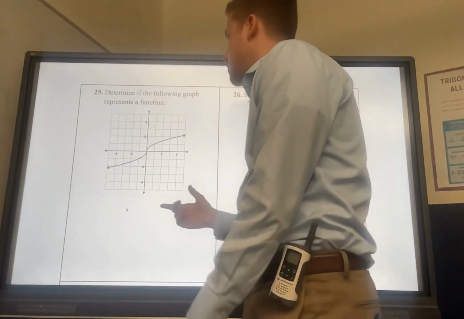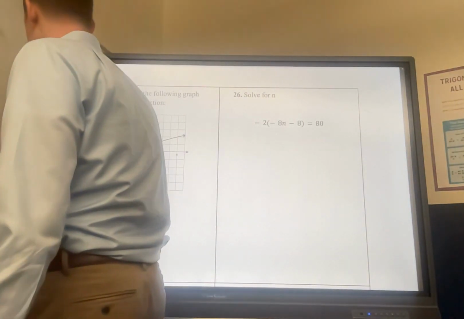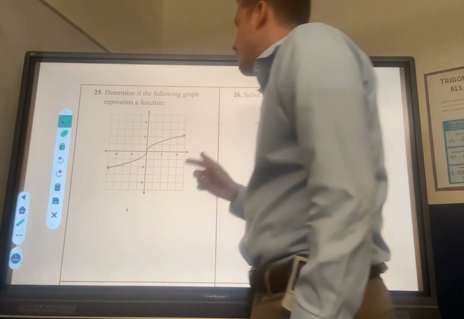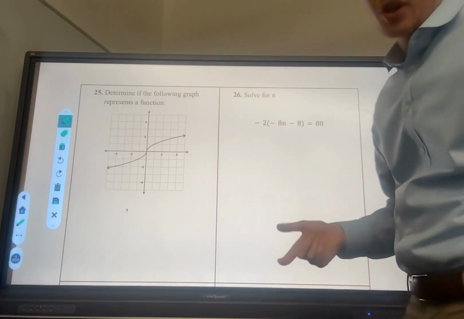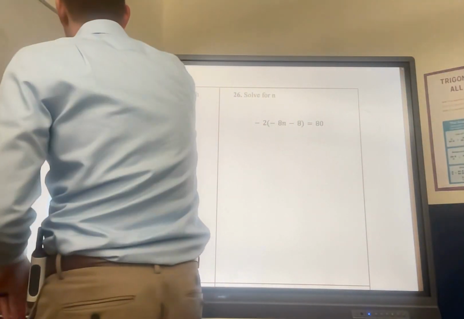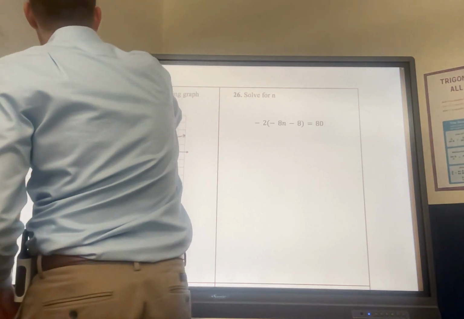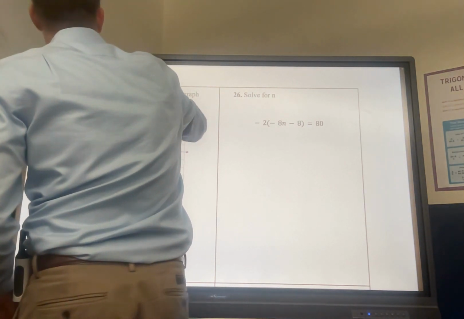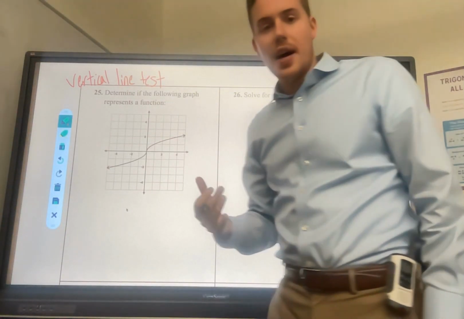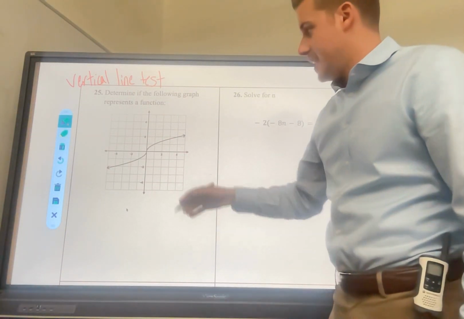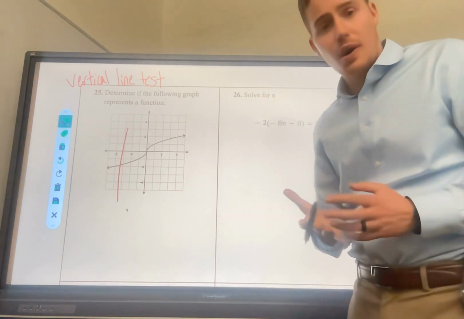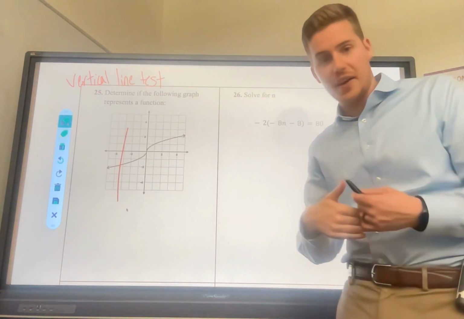All right, I'm on question 25 here. Determine if the following graph represents a function. So for question 25, this is using the vertical line test. And the vertical line test tells us that if at any point we can draw a vertical line and it goes through our function at more than one point, it fails the vertical line test.